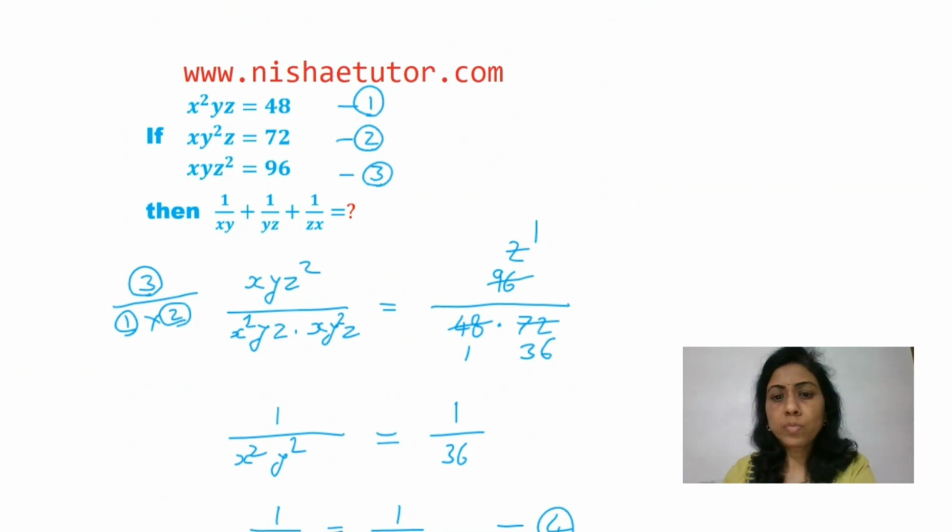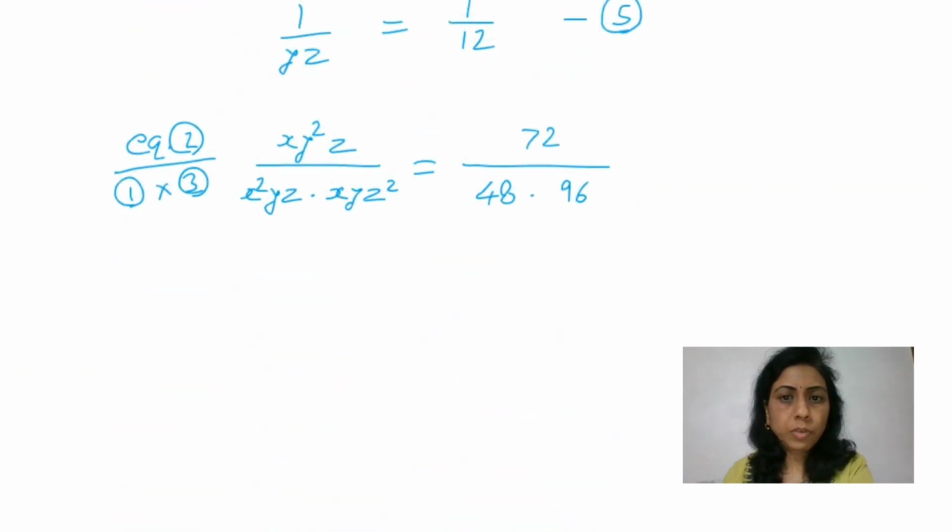Okay, now 72 and 48 cancelled by 24. So 24 times 2, 48, and 24 times 3 is 72. Now 3 and 96 cancelled by 3. So 3 times 3, 9, 3 times 2, 6.